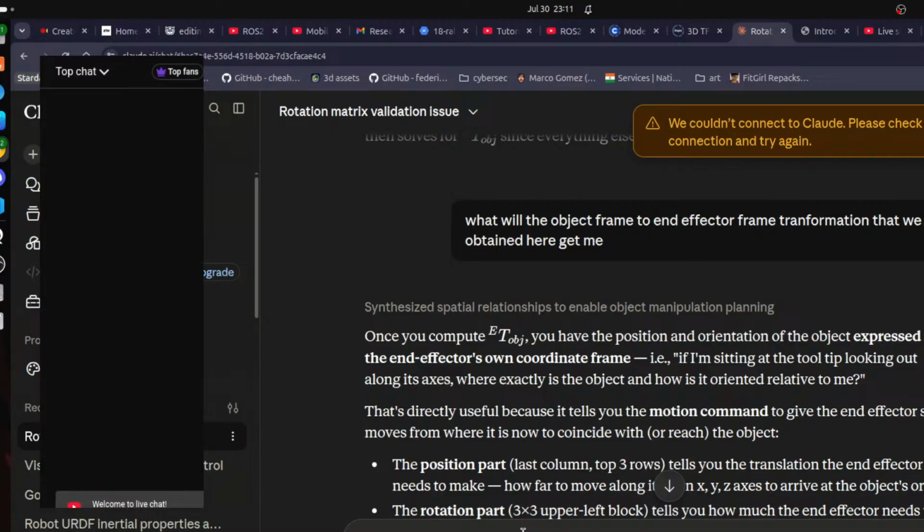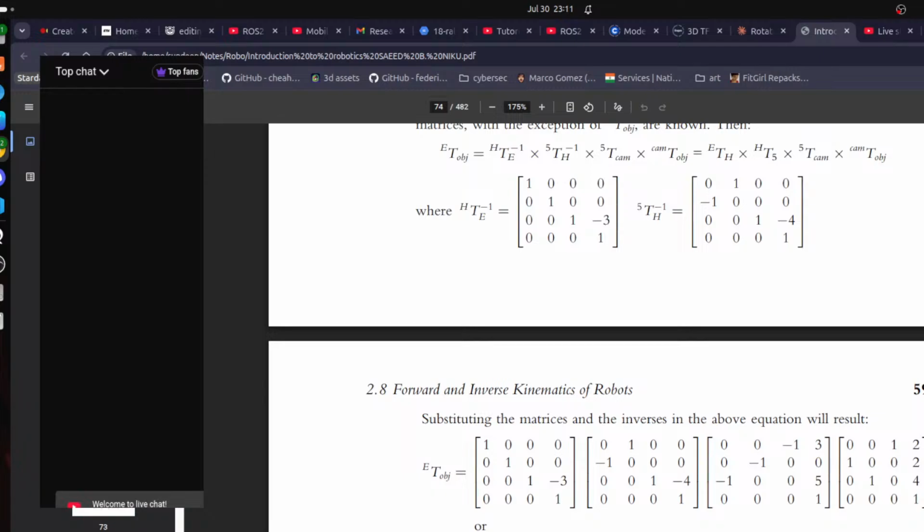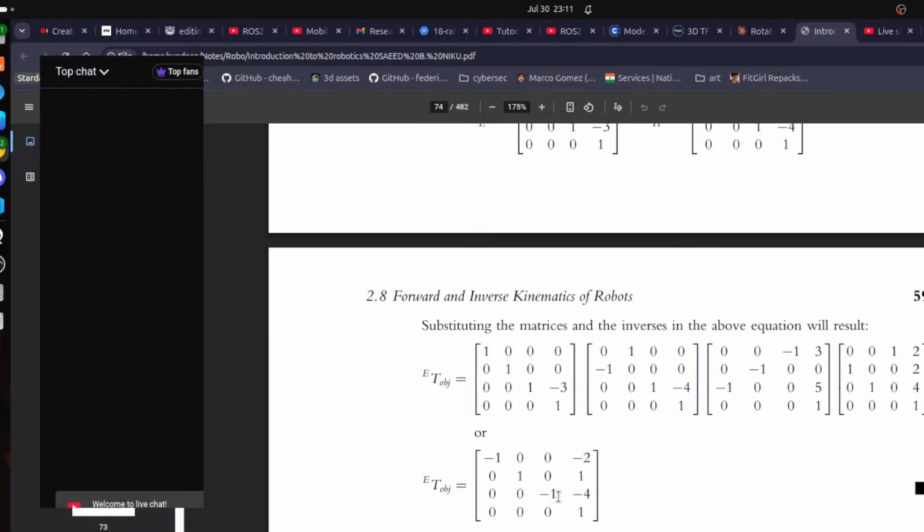Oh, that's because this part at the top left is essentially the orientation of the end effector.